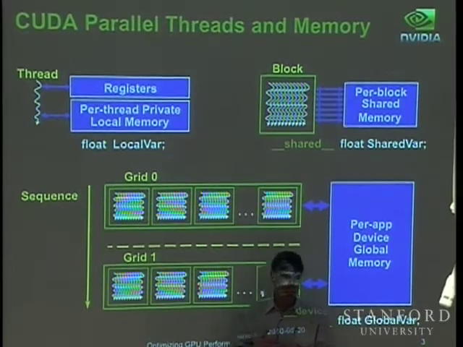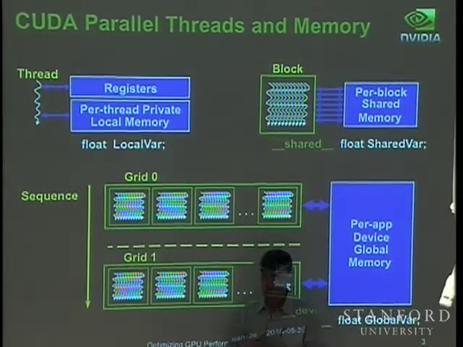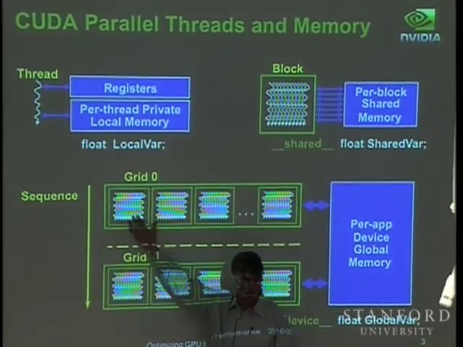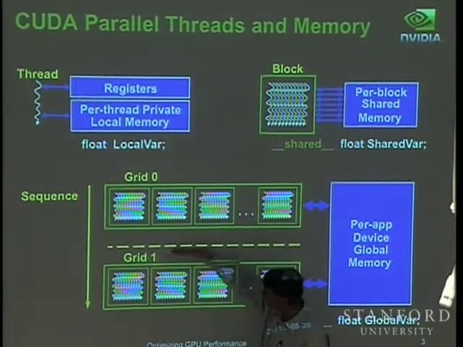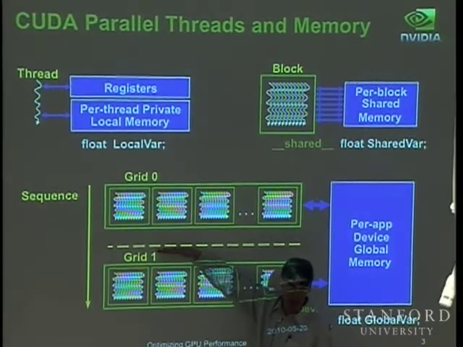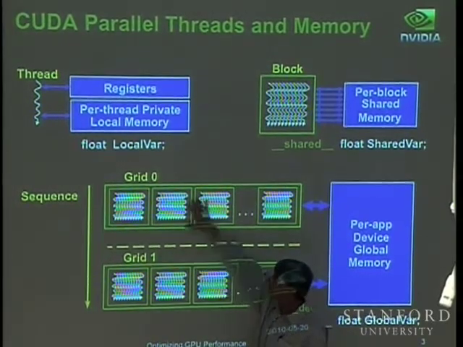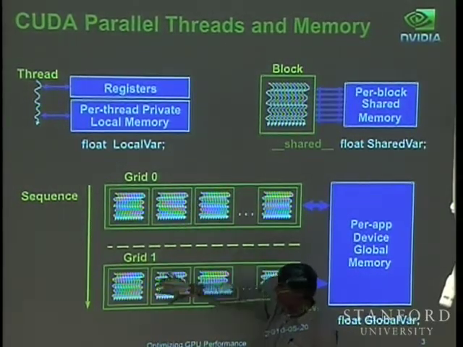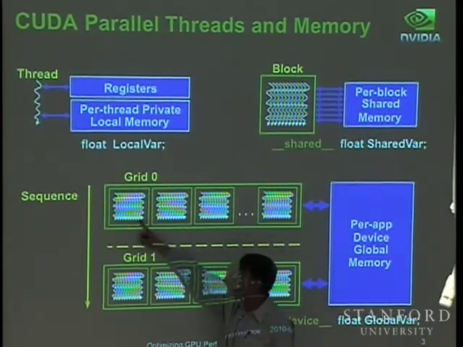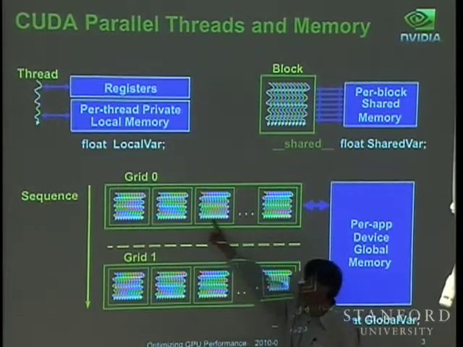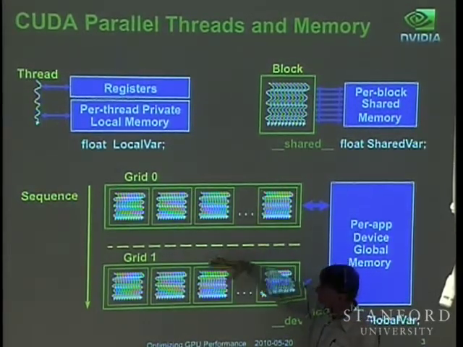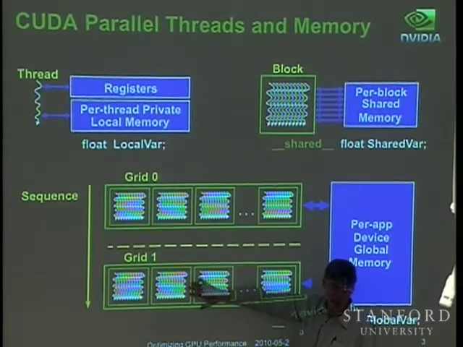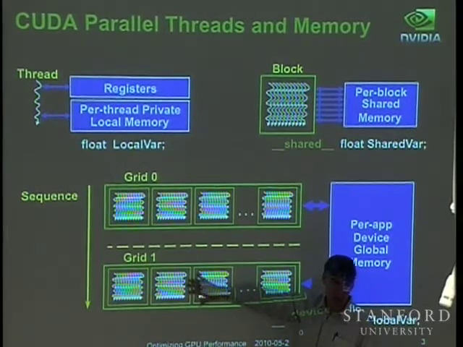And therefore, there's no need for coherence between writes from this thread block and reads from a second thread block. And we interpose a global barrier synchronization between grid 0 and grid 1, so that all writes performed by grid 0 are done and complete before we start any thread blocks in grid 1 which depend on it.